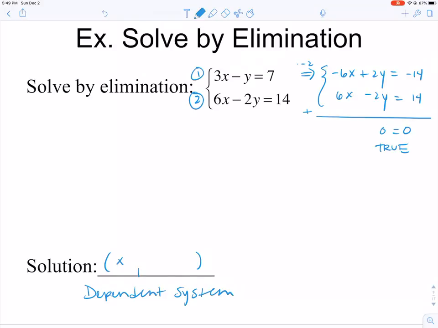Remember, these equations are actually the same. They represent the same line. So I'm going to take equation 1 to solve for y. So negative y equals negative 3x plus 7. If I divide by negative 1, I get y equals 3x minus 7.